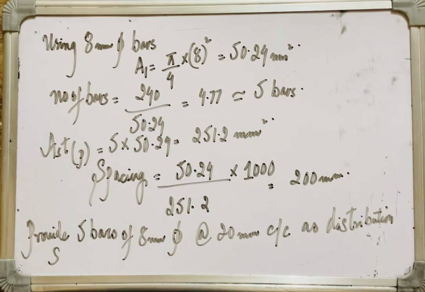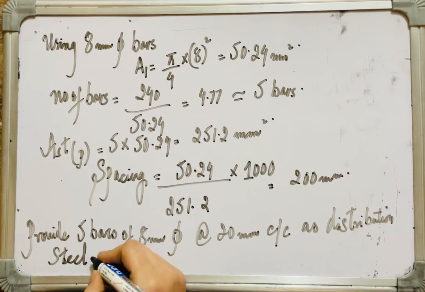So these 5 bars of 8 mm dia which have been placed at 200 mm center to center spacing are my distributors or distribution steel. Alright, so हमने main reinforcement भी calculate की, longitudinal reinforcement भी calculate की और distribution steel भी calculate किया, and this is how I design my deck slab in case of this steel trussed bridge. Alright, so deck slabs ऐसे ही design किए जाते हैं.